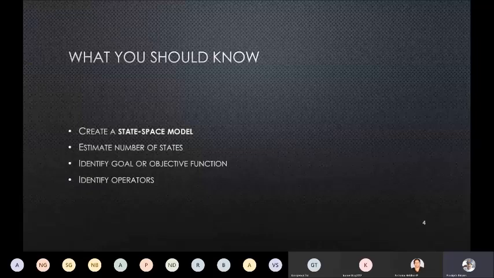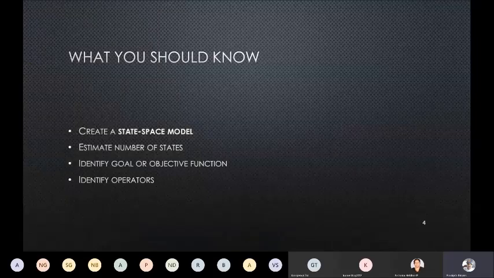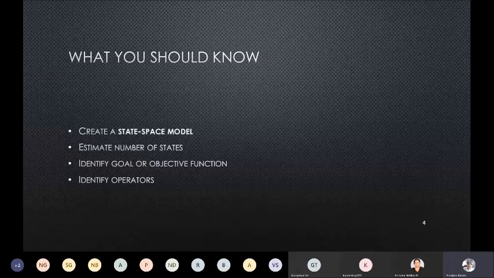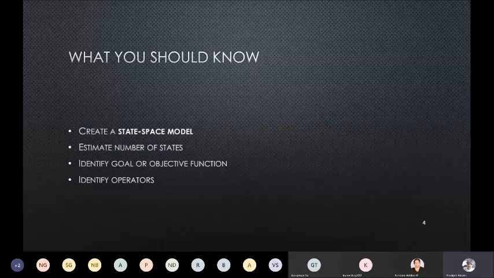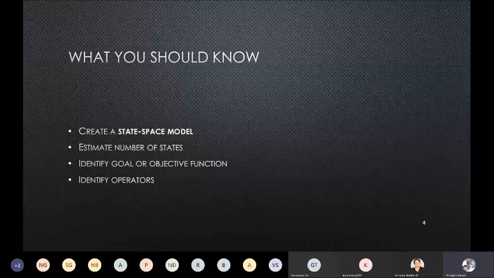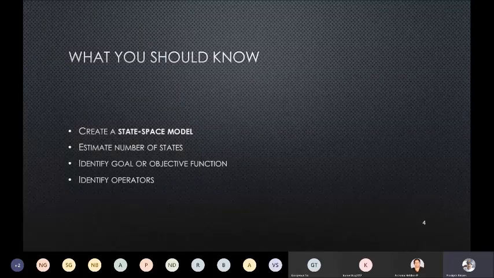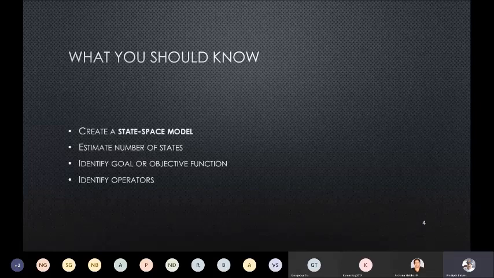In this course, our intention is more to use a state space search algorithm for our own application. So we will give more thrust to, and I will also show you examples of, how we can create a state space model, how we can estimate the number of states, identify the goal or objective function, and how we can identify operators.